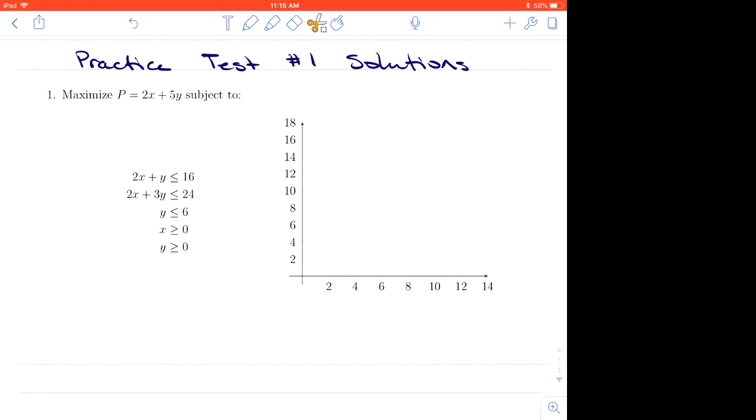Okay, so the first thing we need to deal with is something like this, right? I give you some profit function P, and then we have conditions on that, so restrictions or constraints that we need to observe. This one is pretty involved, with multiple steps. First we have to draw all these constraints on the same graph, and there are steps to drawing these lines.